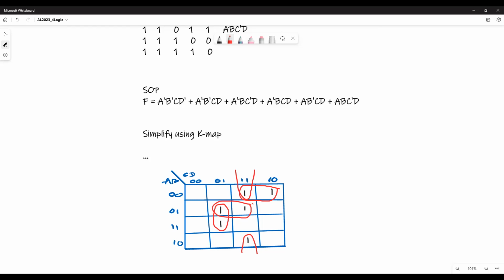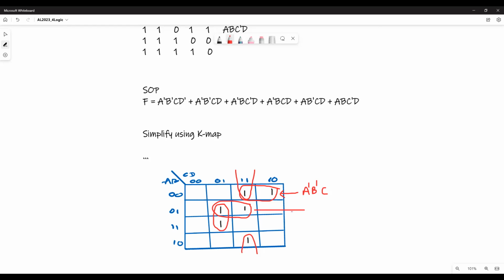Now let's write down. So what are we getting from here? We have A dash, we have B dash, then this one will be C. Yes.